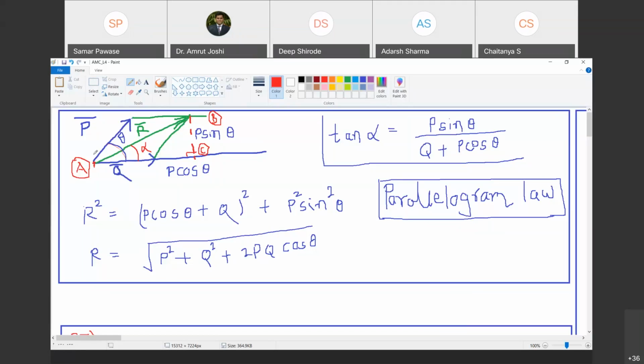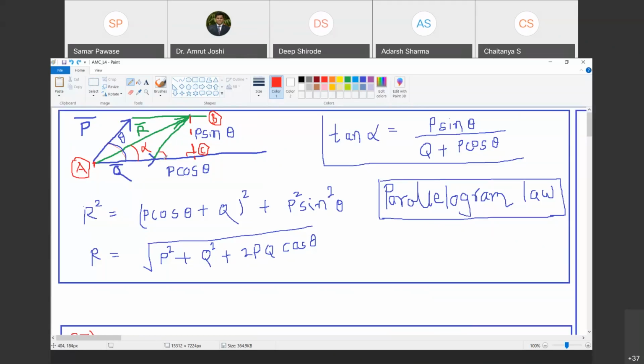Now as you can observe, this P bar, whatever its magnitude, is the same as this length. So I can also call this magnitude as magnitude of P bar. The magnitude of a vector I am going to denote without bar, whereas if it is a vector I am going to denote it with bar sign. So this length is P. And what is this angle?